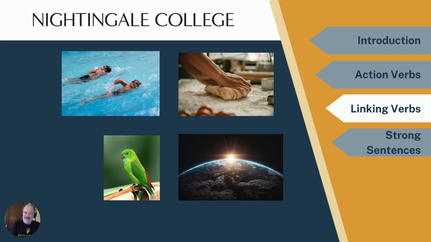What is cute describing? It's not really describing the verb is, it's describing the subject, the bird. So this adjective following a linking verb is actually going to refer to the subject and not the verb. That's much different from the structures that we were looking at with action verbs.